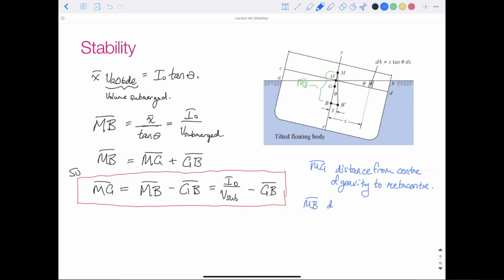MB is the distance from center of buoyancy to the metacenter. And then GB is the distance from our center of gravity to our center of buoyancy.